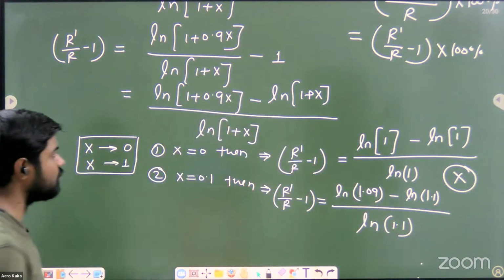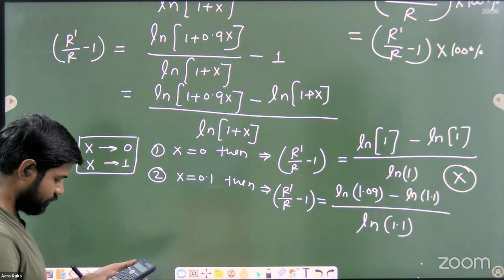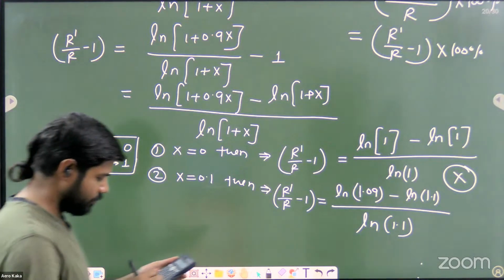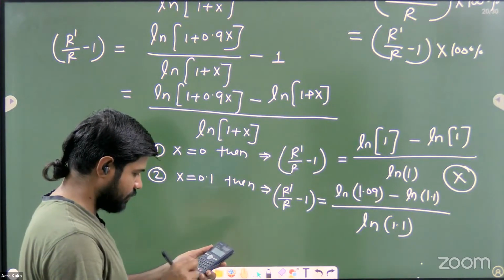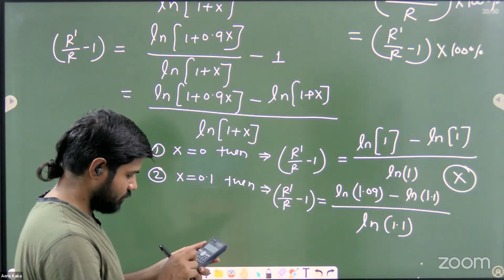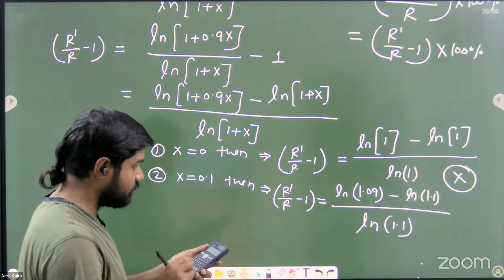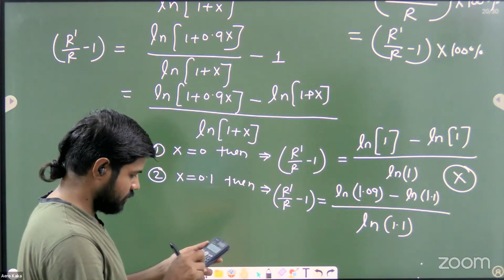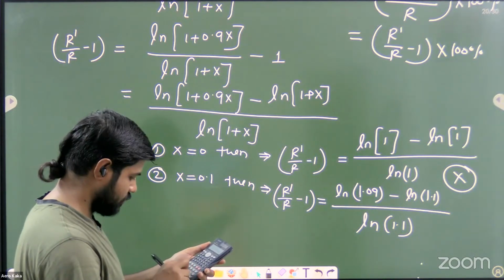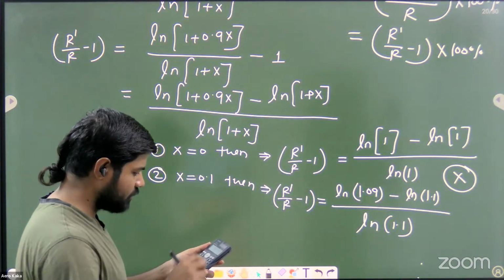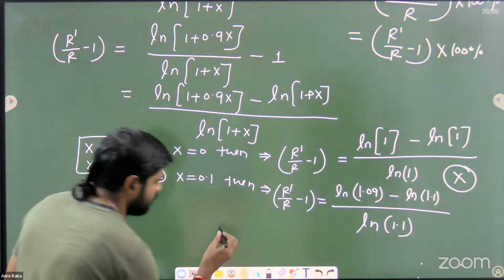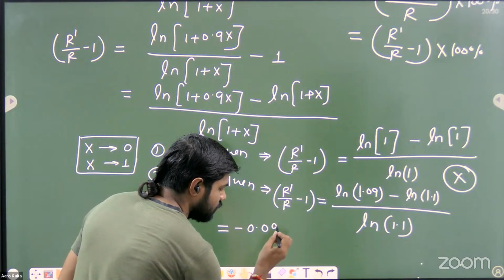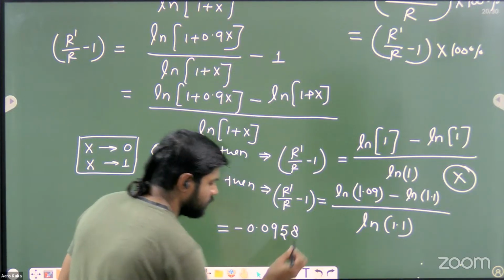Please check whether this is correct or not. How much are you getting? Minus 0.0958.